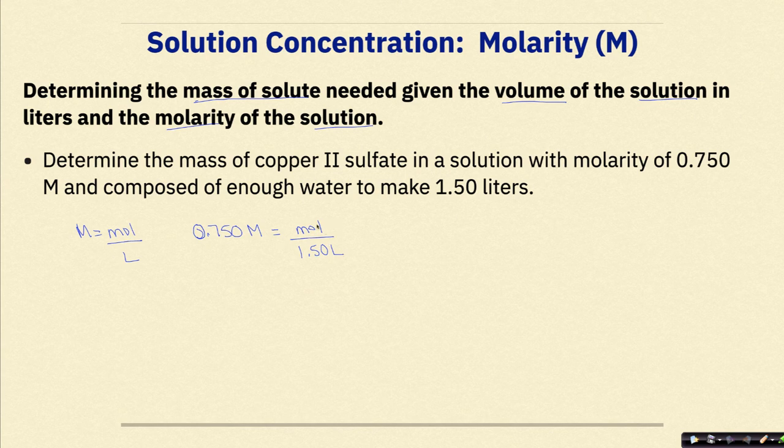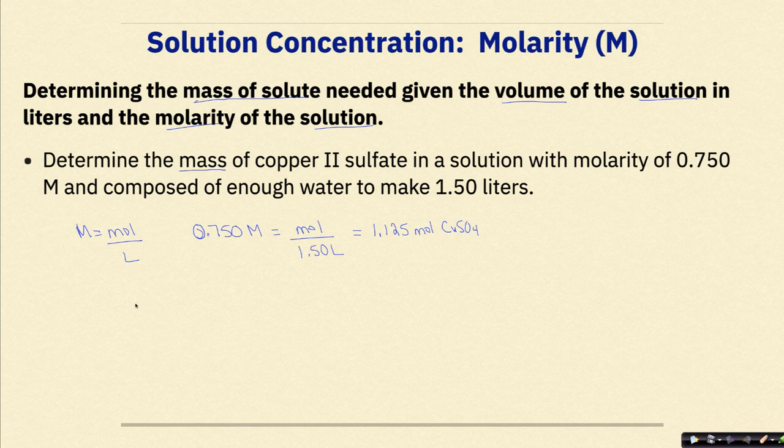So I'm going to be solving for moles. I am going to cross multiply here, and when I cross multiply here, I find that the number of moles is 1.125 moles of CuSO4. And I'm not going to worry about significant figures at this point because I need to do more. That's moles. I don't want moles. They tell me that I want mass, which I know is grams.